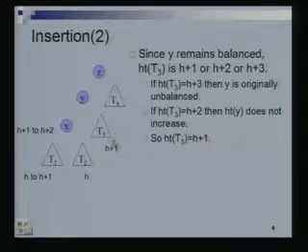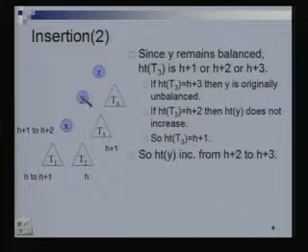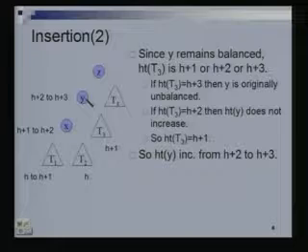So, if height of T3 is h plus 1, what is the height of y now? Originally it was h plus 2, because both of these were h plus 2, h plus 1. So, this was h plus 2 originally and now it has become h plus 3. So, it is increased from h plus 2 to h plus 3.